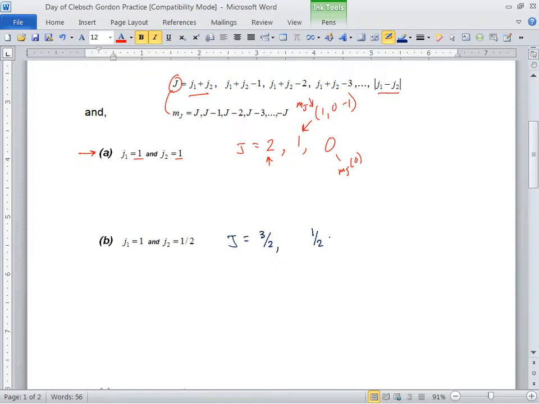So 3 halves minus 1 is 1 half? So there's nothing in between? There's nothing in between. Because you subtract 1 from 3 halves, you have a half. So you're done already. Right? Because we summed them, and then we have to subtract 1. Well, we're done already.